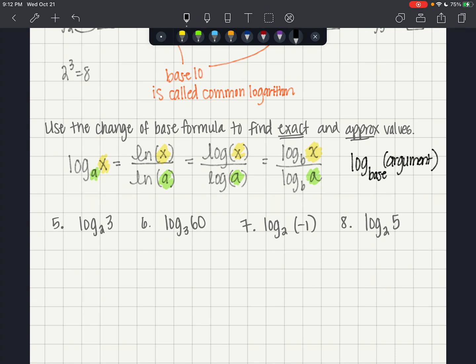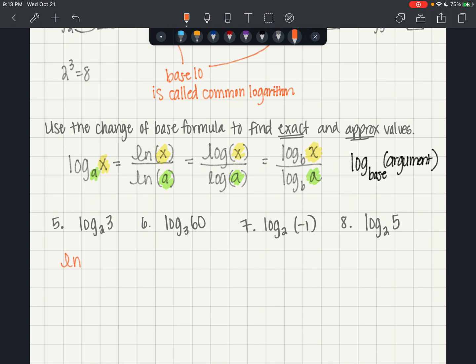Okay, so let's use the change of base formula to evaluate. We are going to need a calculator for this, and we're going to go out 3 decimal places. So log base 2 of 3. I personally like to use the natural log. I think a lot of teachers will use natural log because it's so useful when we're talking about compounded interest and the PERT formula and growth and decay formulas, but that's what I'm going to use. So I'm going to change these to natural log, or you could use log base 10. Either one of those buttons is on your calculator. In fact, you could also enter log base 2 of 3, but we want to use the change of base formula.